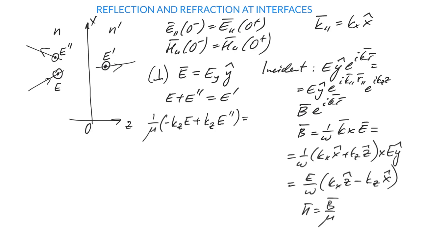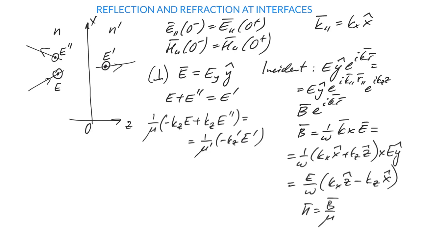And on the right side of the interface, I have 1 over mu prime, minus kz prime E prime. So kz prime is the value of kz in the region to the right of the interface.